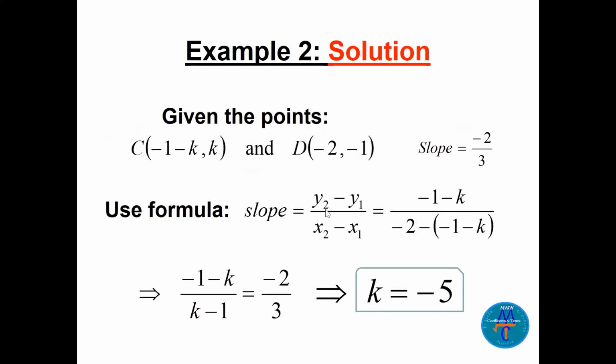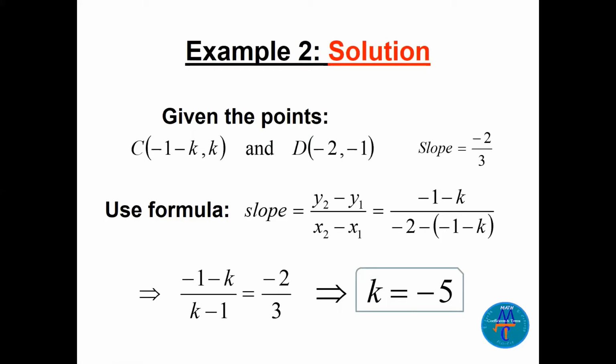So y2 is minus 1. You see here y2 minus y1: minus 1 minus k. We have many minuses here. Just be careful. x2 is minus 2 minus all this, minus 1 minus k, is the x1. So I put a bracket, because minus all bracket, it will change the sign here. So minus and minus becomes plus 1.